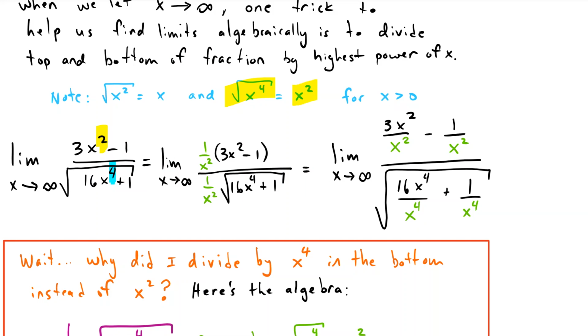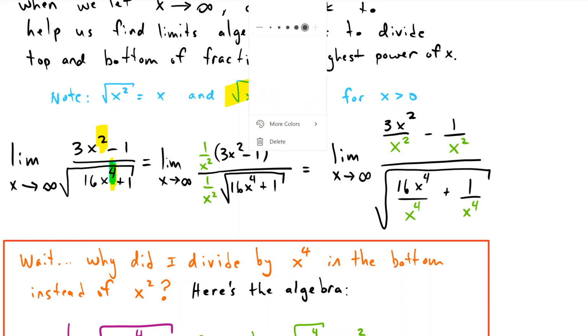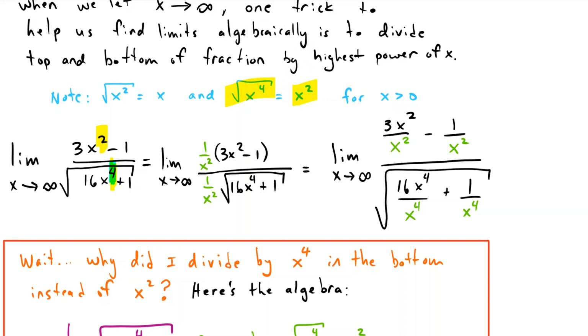So the x to the fourth in the denominator is really an x squared once we take the square root. So x squared is actually our highest power. So we're going to divide everything in the top and bottom by x squared. Or in other words, I multiplied by 1 over x squared in the top and in the bottom.